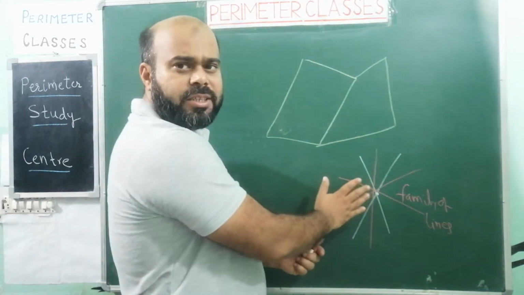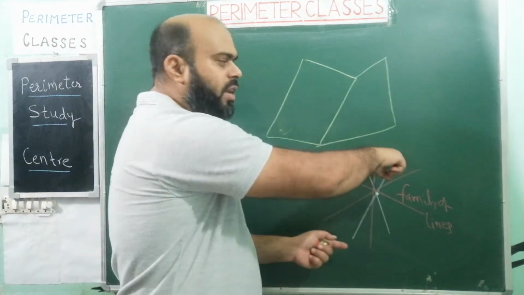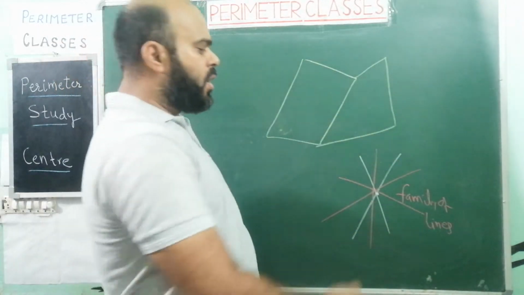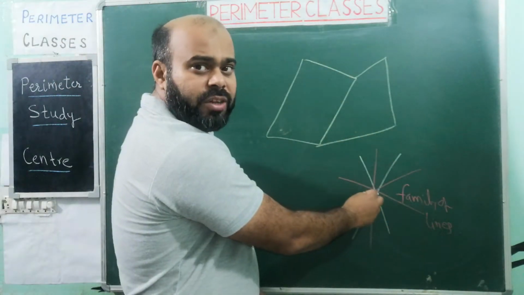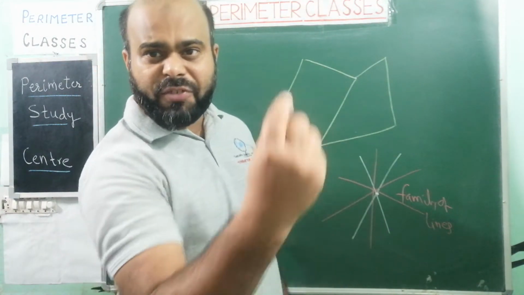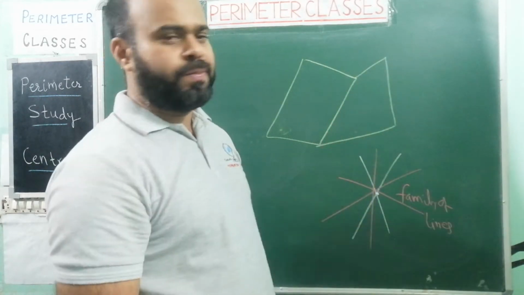If you extend this board in three-dimension space, this line will extend as a plane, this line will extend as a plane, and this point of intersection will extend as a line. Everything will increase its dimension by 1 if you change this two-dimension plane into three-dimension space.